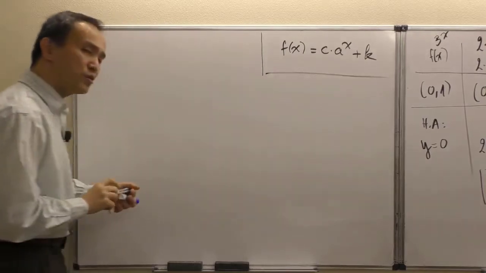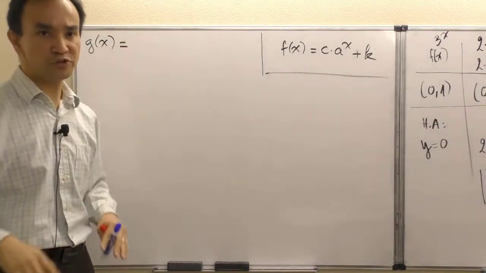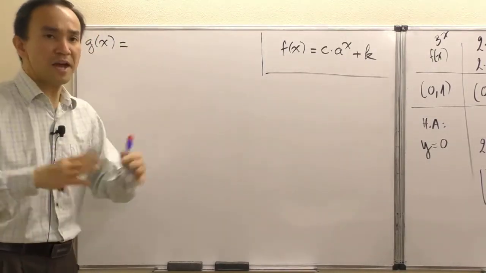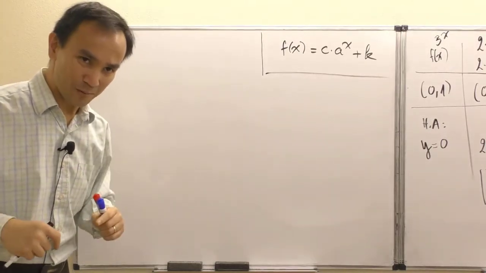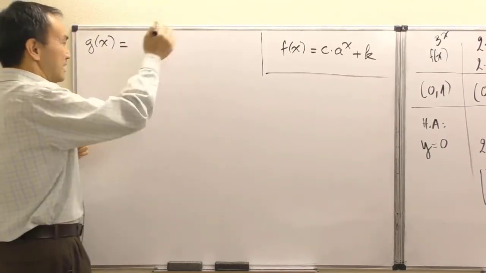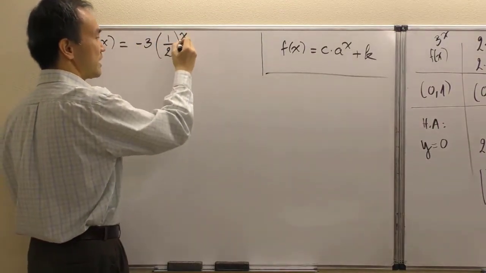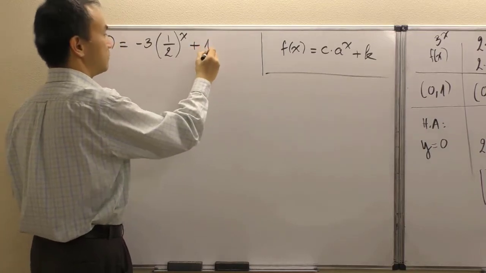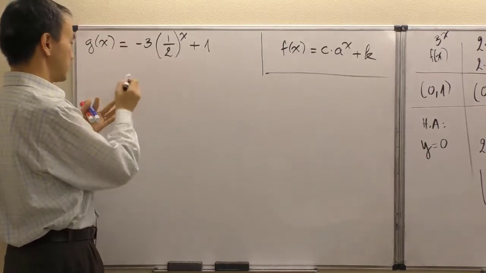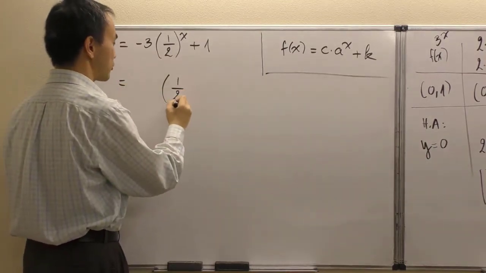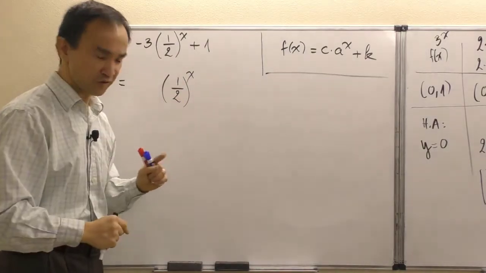So the function we used in example 4, part B, this time I'm going to call g of x. It may not be the same naming I used in example 4, part B, but it's the same function: minus 3 times 1/2 to the x, plus 1. So again, this function has that parent function 1/2 to the x, the ordinary exponential function.